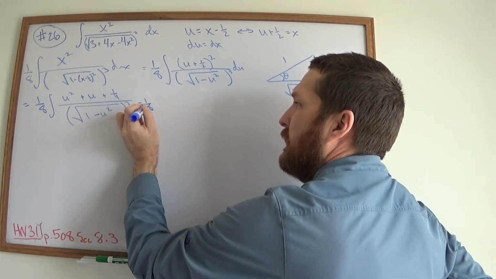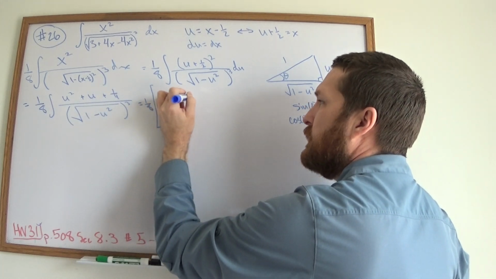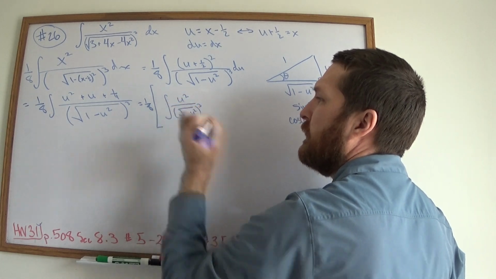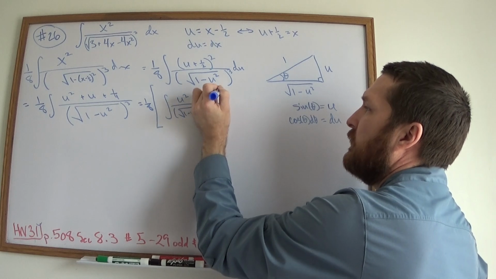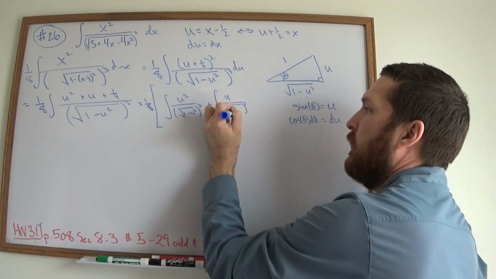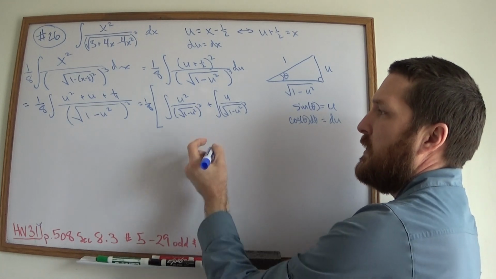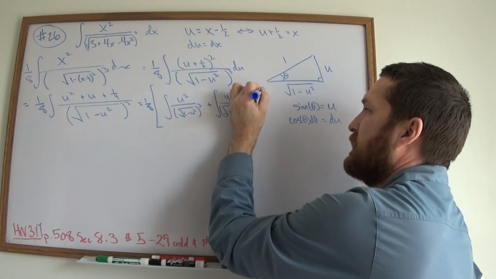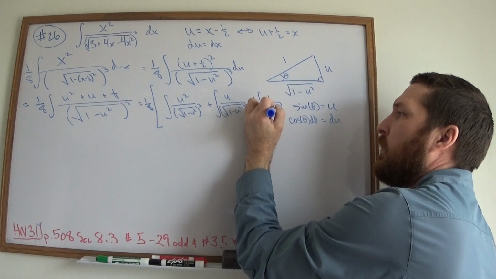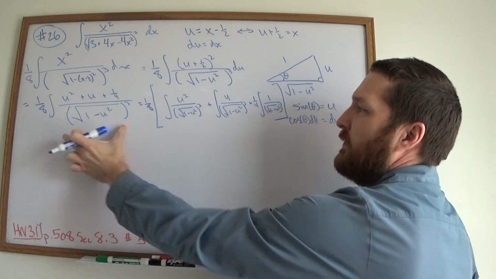We have 1/8 times the integral of u squared over the cube root of 1 minus u squared plus the integral of u over the cube root of 1 minus u squared. Finally, now that's just a quarter, right? I'm going to pull it out just to begin with. There's a quarter, so now it's just 1 over the cube root of 1 minus u squared. Running out of room here, but you see the idea, all right? I just rewrote this guy as that guy.